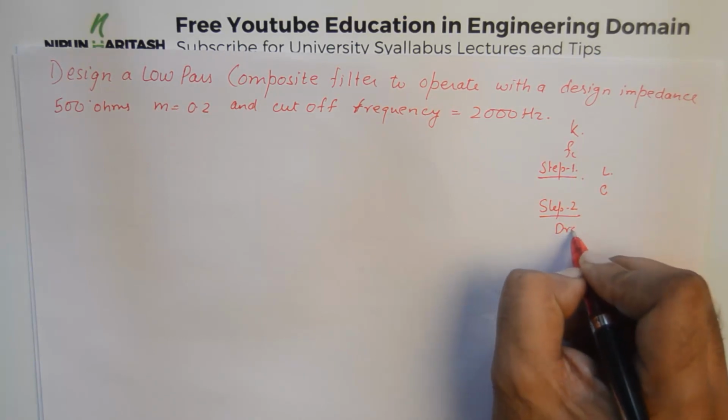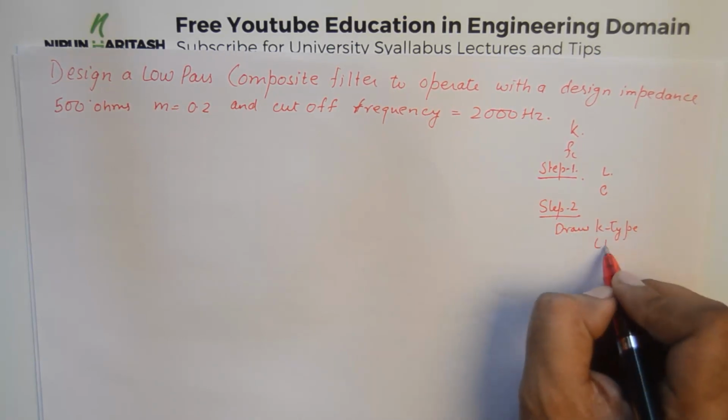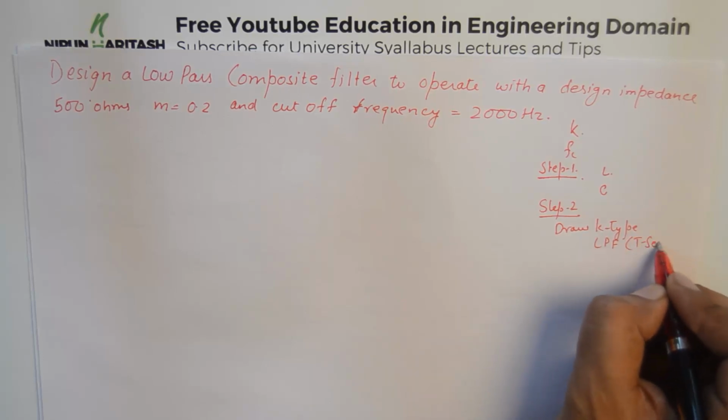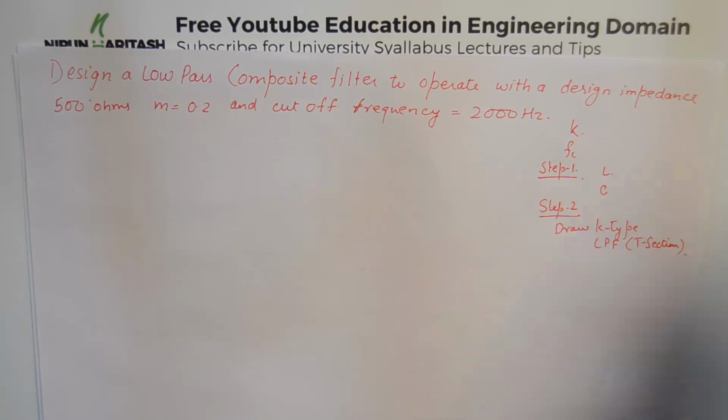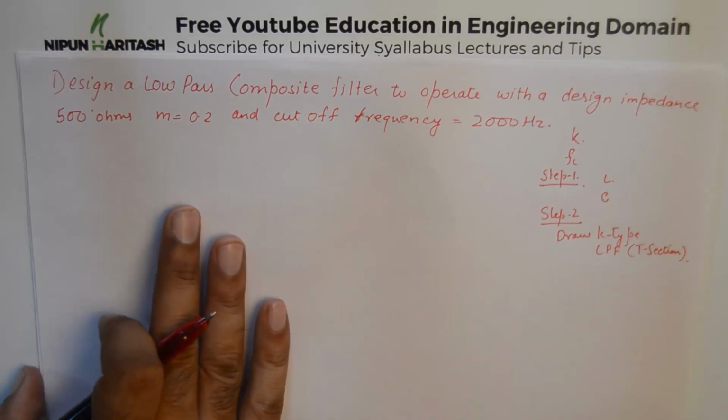draw the K type low pass filter, and we'll draw the T section first, and I'll tell you the reason why we use the T section for designing a composite filter.